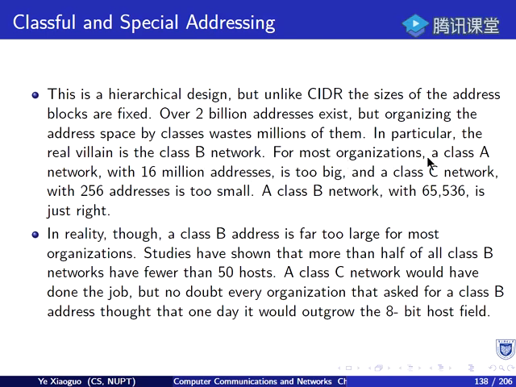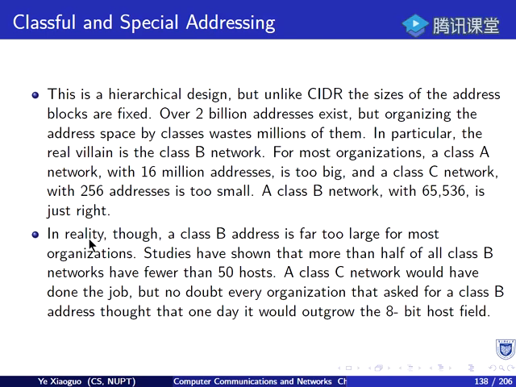For most organizations, a class A network with 16 million addresses is too big, and a class C network with 256 addresses is too small. A class B network with 65,000 is just right.